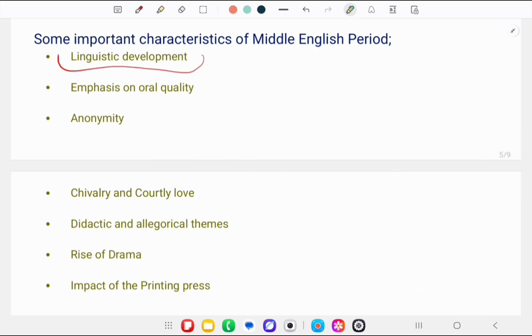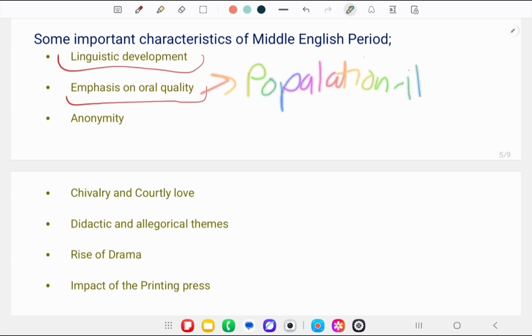After that, emphasis on oral quality. Since most of the population was illiterate, literature was often meant to be heard, not read.